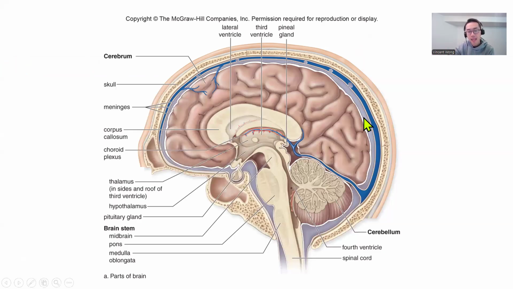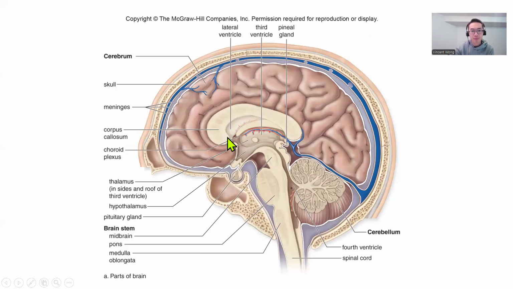And then one layer outside of that would be your dura mater, which is actually two layers here in beige, and it happens to be separated at this location, creating the dural venous sinus, and that's where you will be draining the excess CSF.